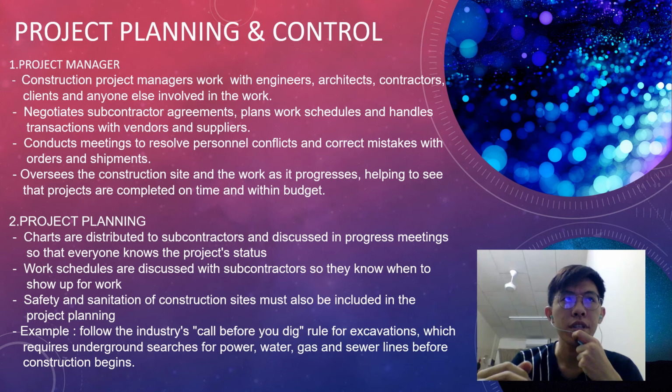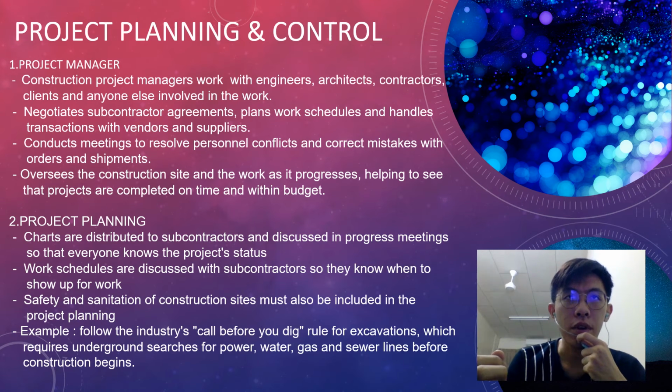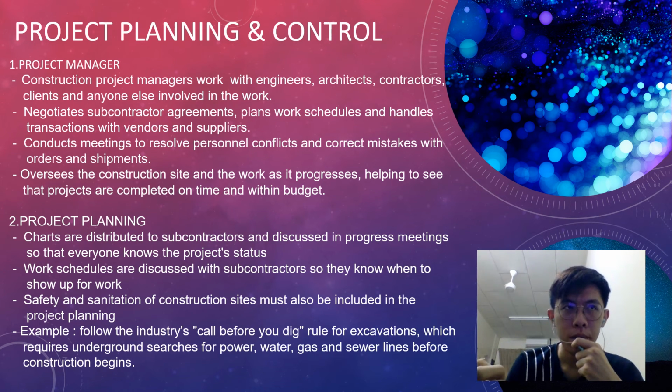And second one is project planning. Tasks are distributed to subcontractors and discussed in project progress meetings so that everyone knows the project status. Work schedules are discussed with the subcontractors so they know when to show up to work.